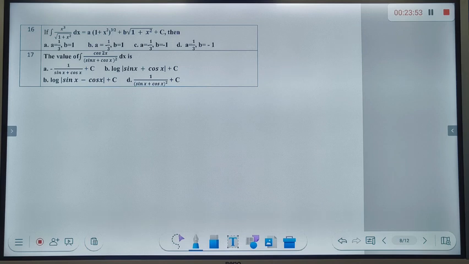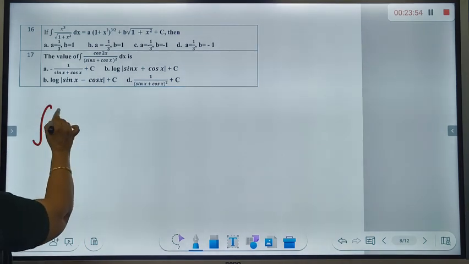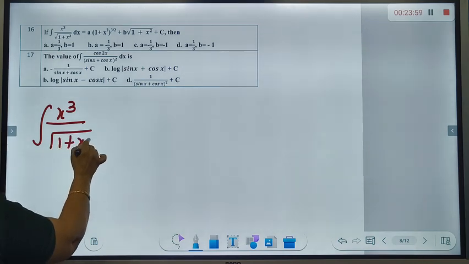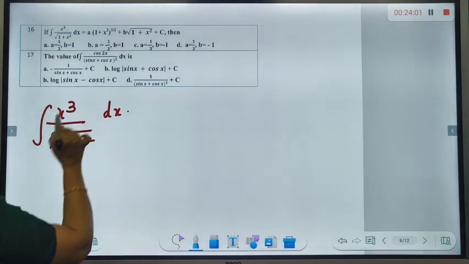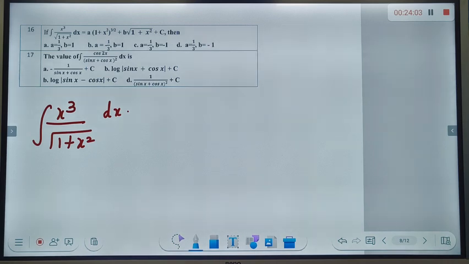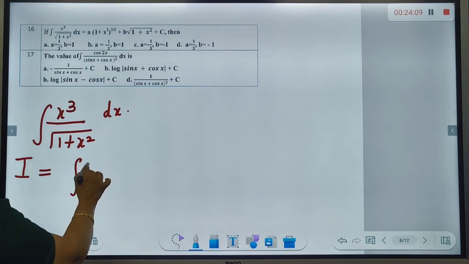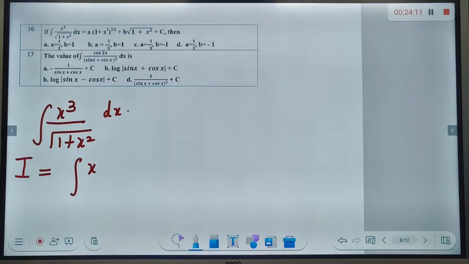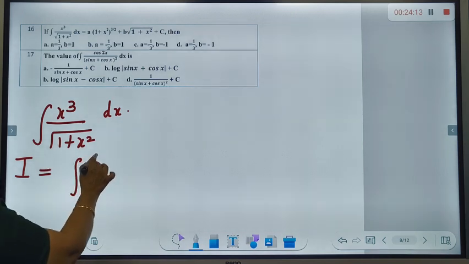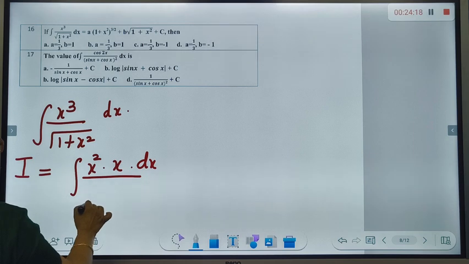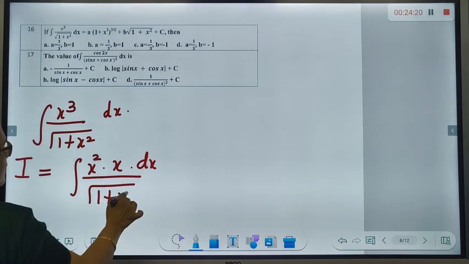Now let us look at this problem. Integral of x cube by root of 1 plus x square dx. So how do we integrate this? I can write it as integral of x square into x dx by root of 1 plus x square.